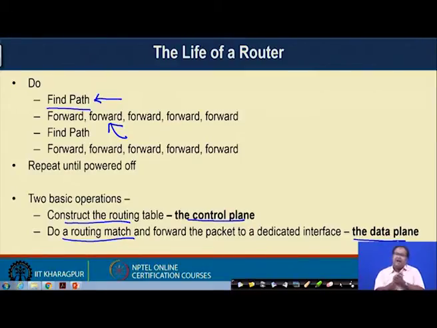Now, in this entire architecture, there is an interesting observation. The functionality of the control plane is kind of periodic. Periodic in the sense that you will find a path to a destination only when you get a new packet for which the information is not available in the routing table.